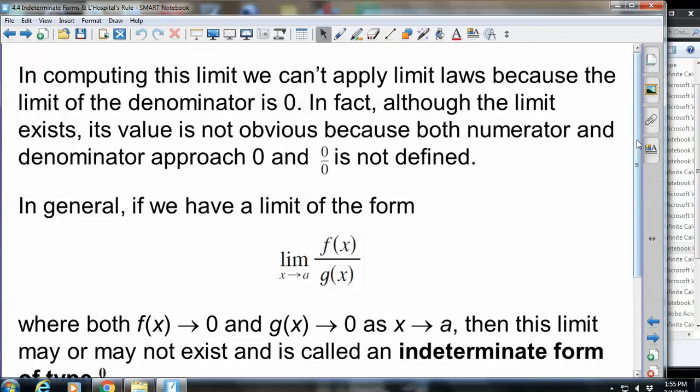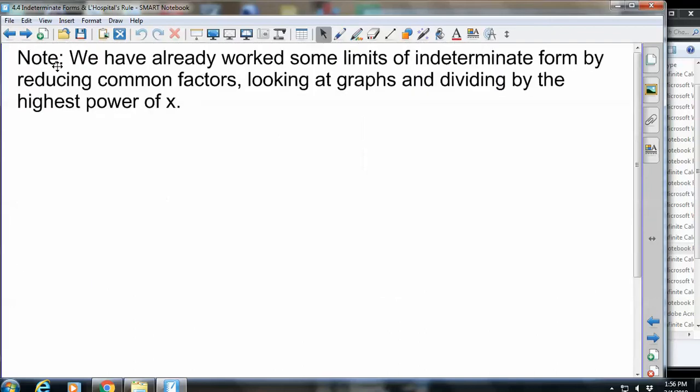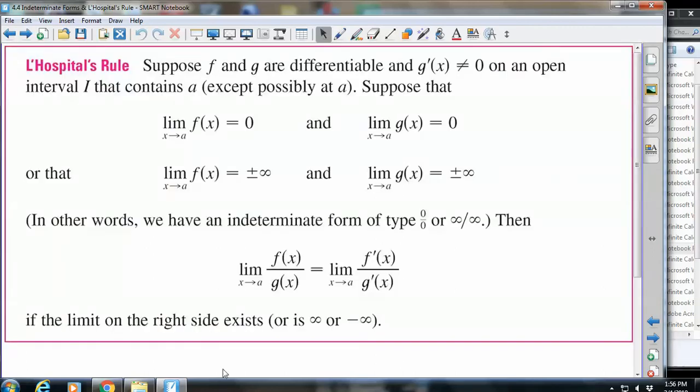Any time you go to evaluate and both the top and bottom are 0, we have to have another option of doing it. There are two indeterminate forms that we're going to look at. We have done some already when we did our dividing by the highest power of x, but like I said, this isn't an option for that problem, so we have the other.